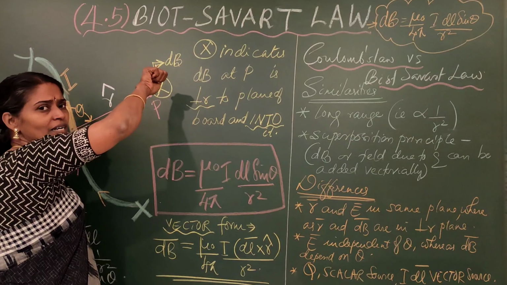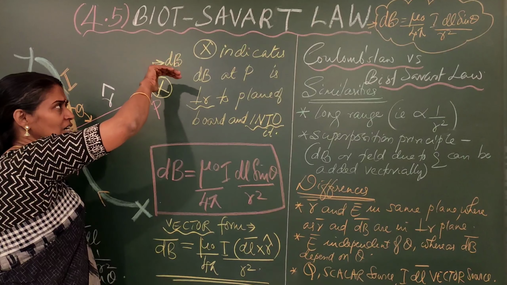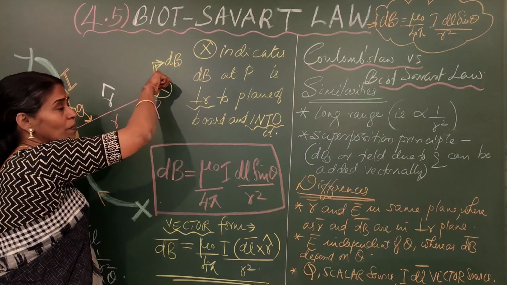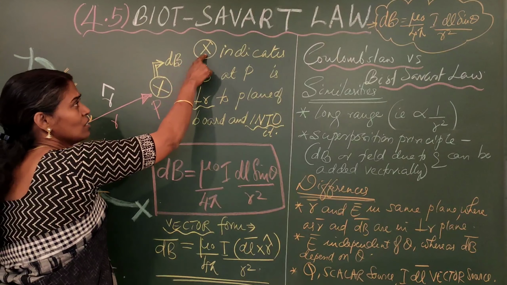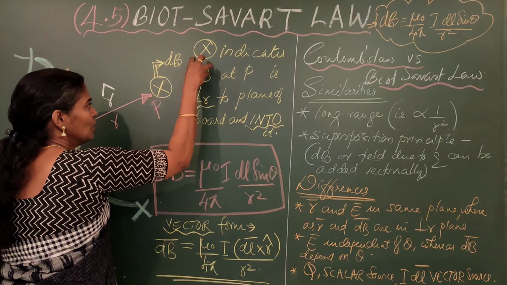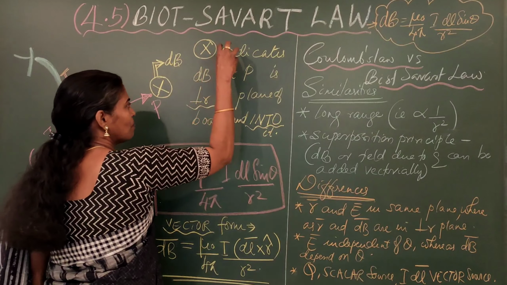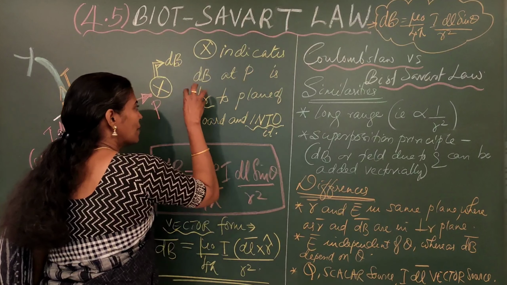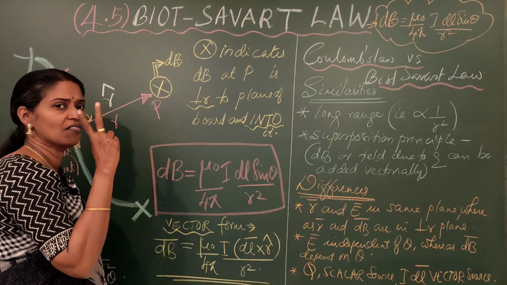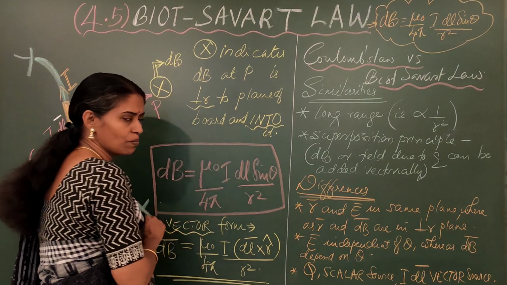So dB, the magnetic field due to the current element at the point P, is perpendicular. Perpendicular means you can have two directions, either out of the board or into the board. Here it is well into the plane of the board.